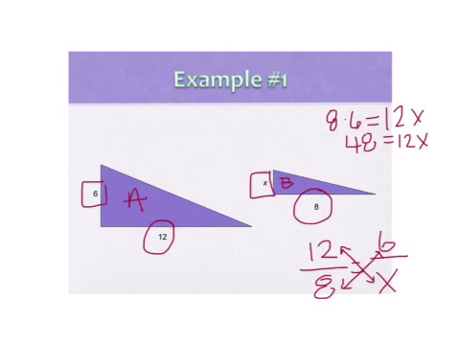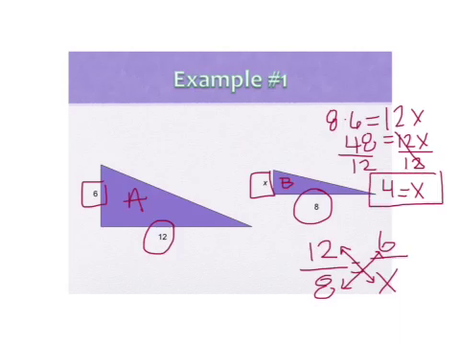Now we have to get that x by itself. And remember, between the 12 and the x is multiplication, and we want to get rid of it, so we want to do the opposite operation, which is division. So I'm going to divide both sides by 12. This is going to cancel, leaving me with x. 48 divided by 12, that's going to be 4. And you can use a calculator if you need to.